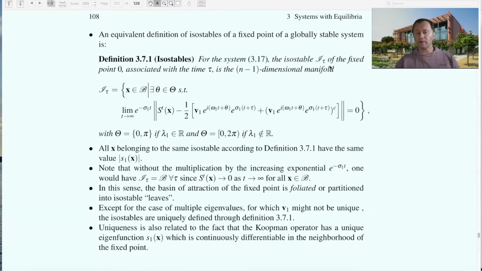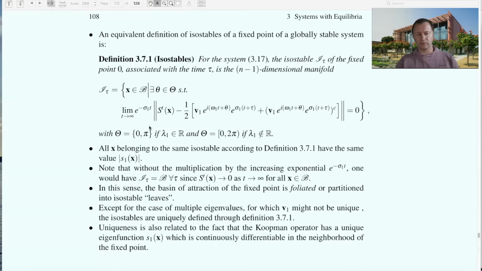And so now we're going to define the isostable I tau as follows. That's the set of all points x in the basin of attraction such that there's a theta in this set capital theta that is either 0 or pi.